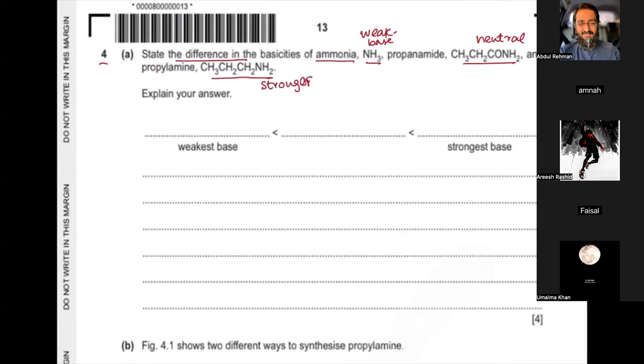So among these, the strongest base is propylamine, CH3CH2CH2NH2. Remember, alkyl amines are stronger than ammonia, and amides are weaker. And over here, CH3CH2CONH2.